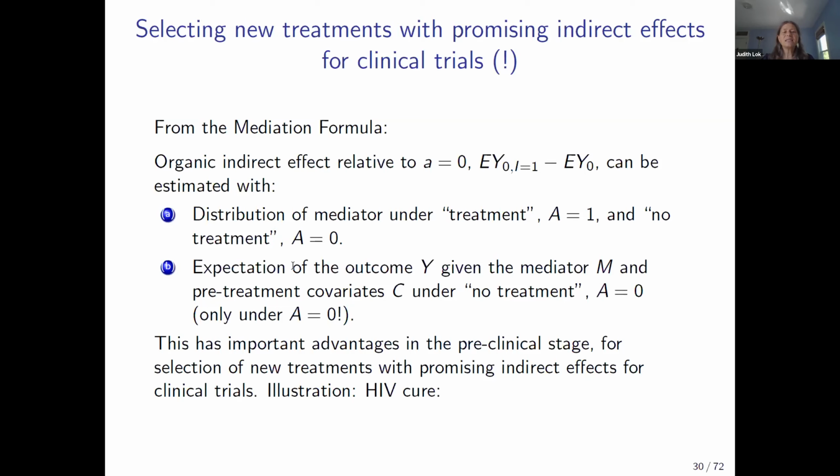But we need the expectation of the outcome Y, given the mediator M and pretreatment covariate C, only under no treatment, under A equal to 0. And that has important advantages in the preclinical stage for the selection of new treatments with promising indirect effects for clinical trials. And I will illustrate that with an HIV cure example.